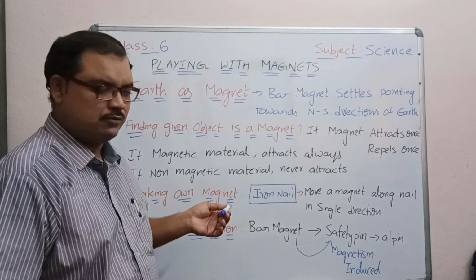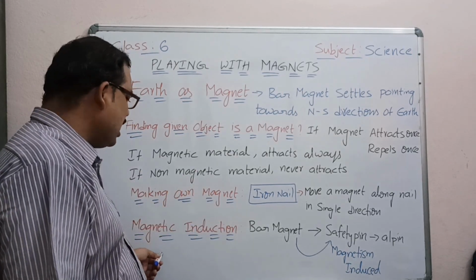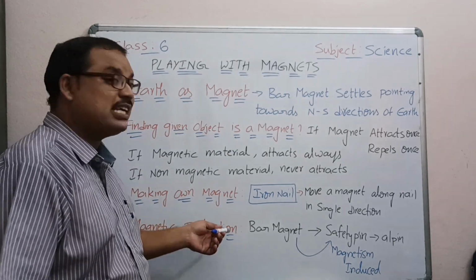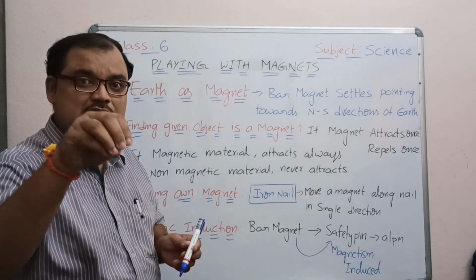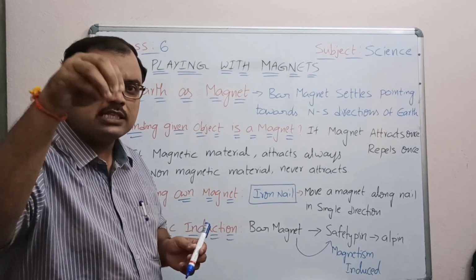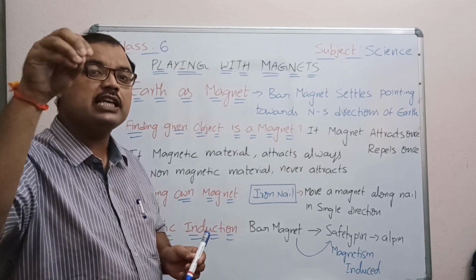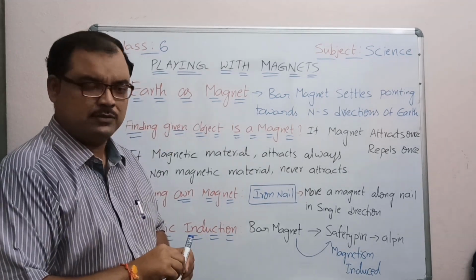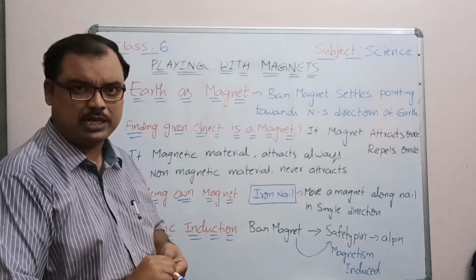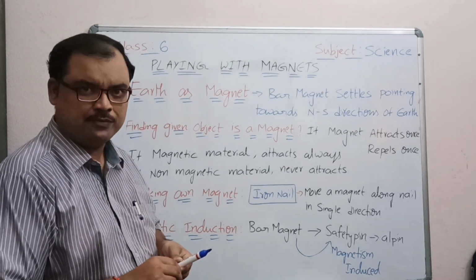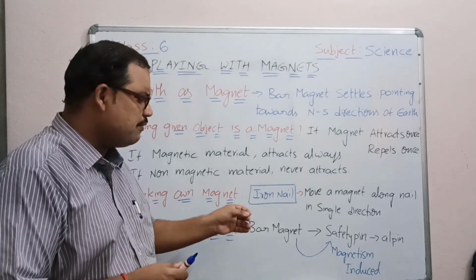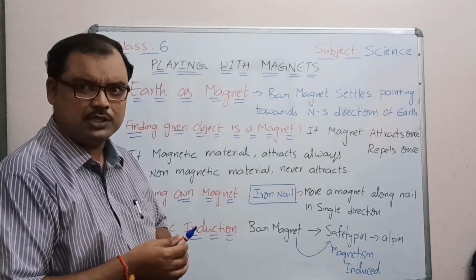Fine. Now, the last topic here is magnetic induction. Induction means introducing something, some new energy, something which was not initially in that, like making a bar magnet from an iron nail. What we do is a very simple activity, which you might have already observed.